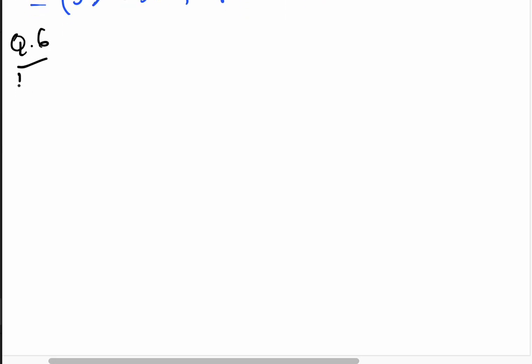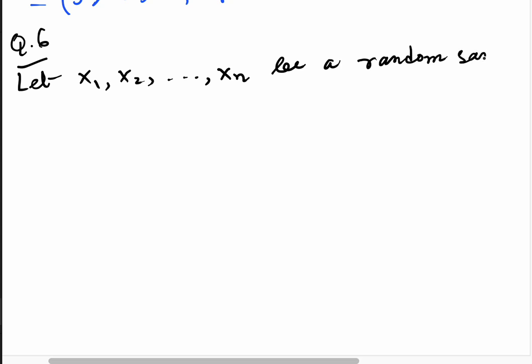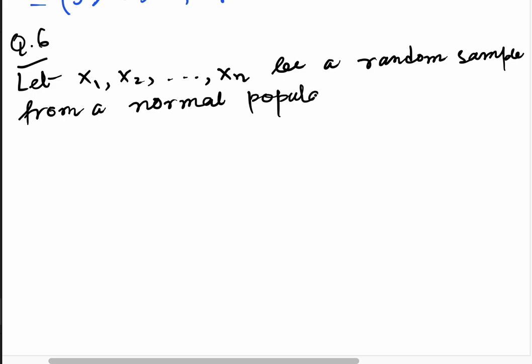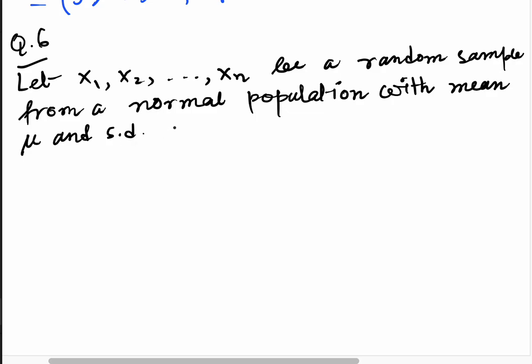Let x1, x2, ..., xn be a random sample from a normal population with mean mu and standard deviation sigma.